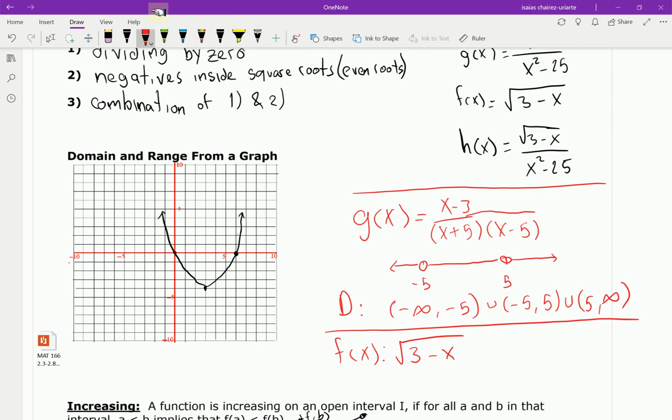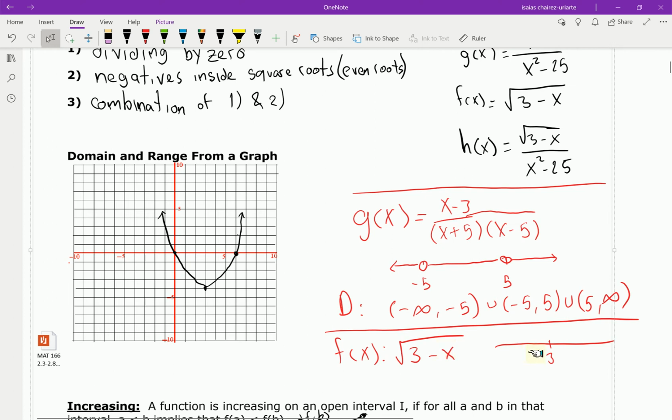I want to find the domain. And if you think about it here, if my x is equal to, let's say, 3, then I'm going to have 3 minus 3 inside my square root. So 3 minus 3. And that's the square root of 0. And that's okay. That's just 0.